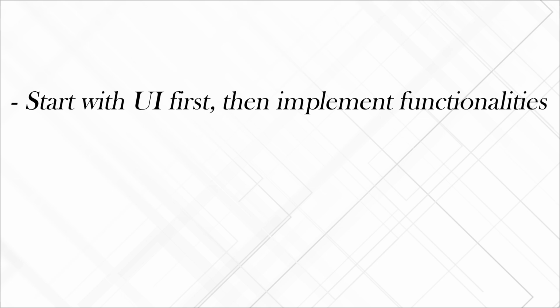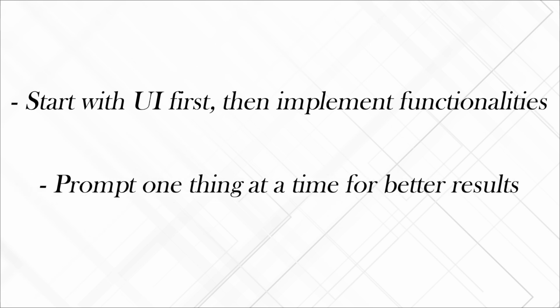So it's always a good idea to get the UI aspects done first. When the UI is finalized, then add the functionalities. This will make it so much easier for you to debug, fix errors, and get things done faster.